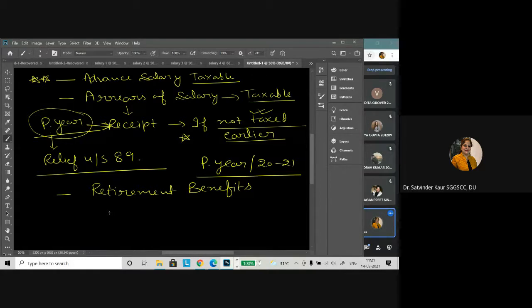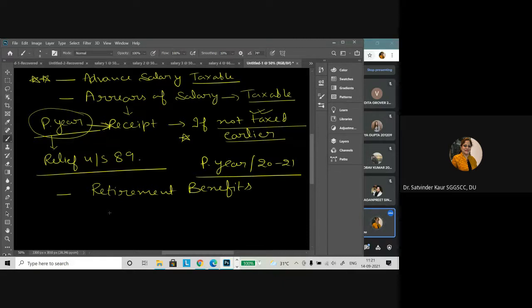These cease and instead of that you start receiving, as per the rules, pension. You receive certain emoluments in the form of lump sum payment, which we can say pension, encashment of earned leave, gratuity, provident fund, etc. So these retirement benefits we have to compute.